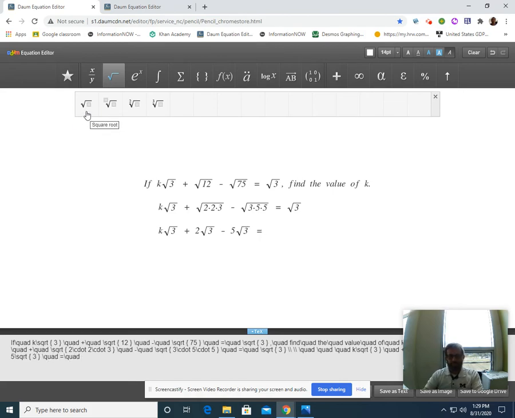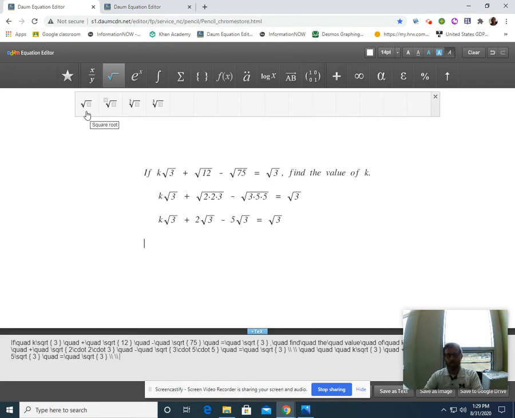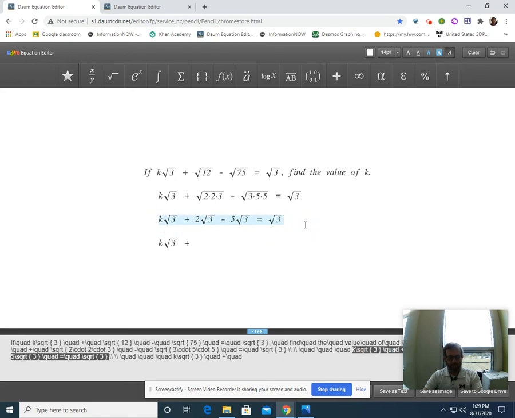You can think about this a lot of different ways, but one way to think about it is, what if I divided everything by the square root of 3? So I take the square root of 3 and divide each individual term by it, so it's basically dividing the entire equation.